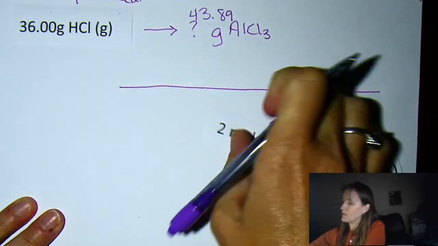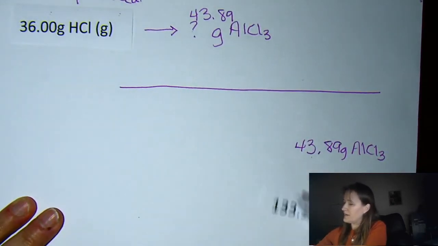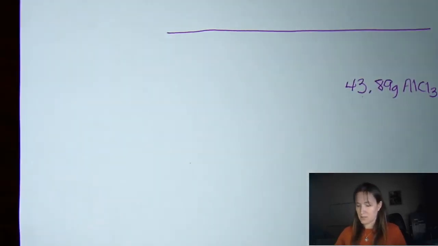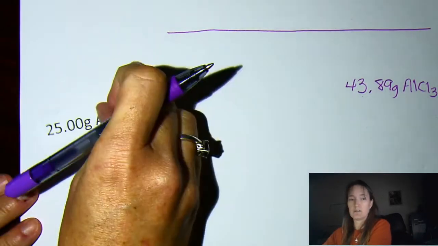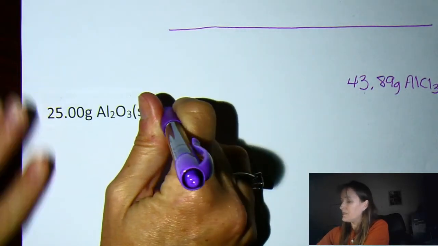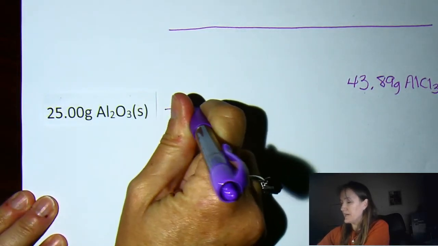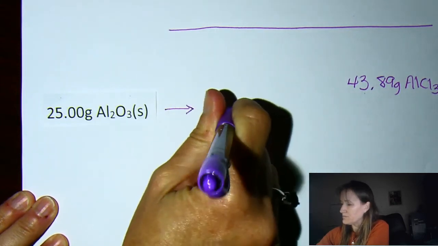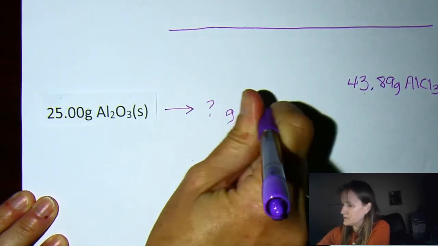But we also have a second measurement. We also have the amount of aluminum oxide. We have 25 grams of aluminum oxide. And this also is reacting and will produce a certain amount of each of the products.